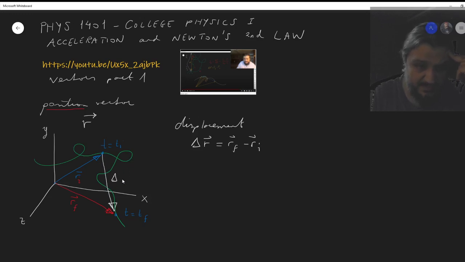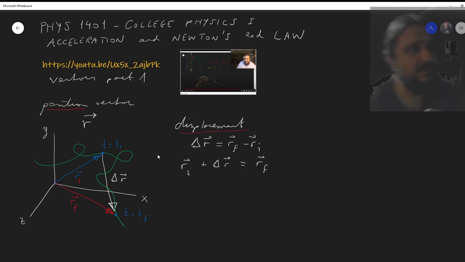Okay, delta R. If you remember the vector addition rule, the tail to tip, this means Ri plus delta R is Rf, which is nothing but the definition of delta R, right? If you subtract Ri from both sides, that's what you get. That's displacement. So position and displacement are not the same, okay? Please watch that video. These are explained in detail.